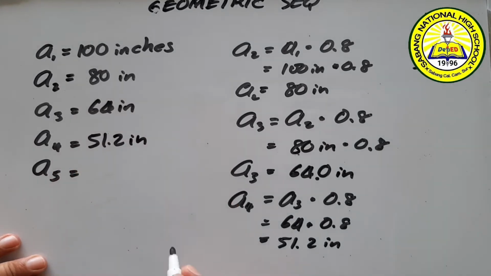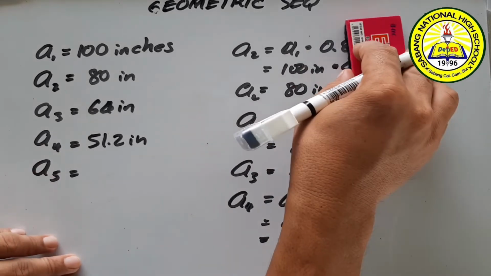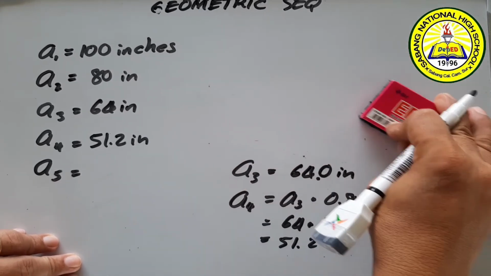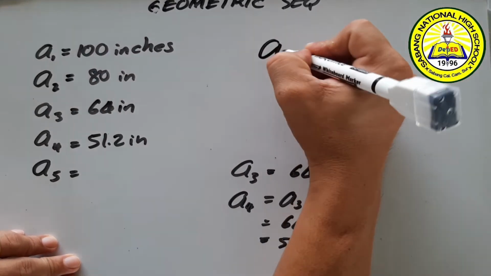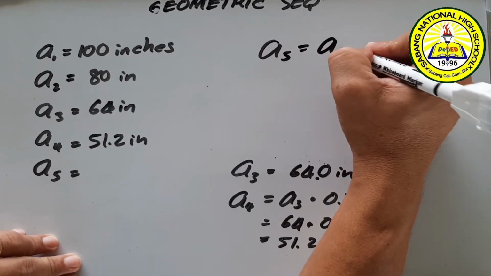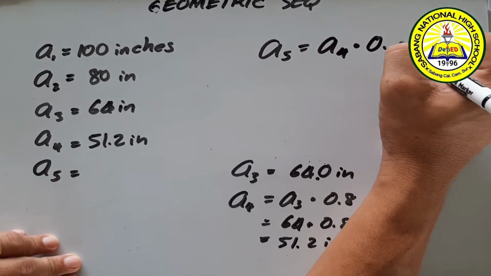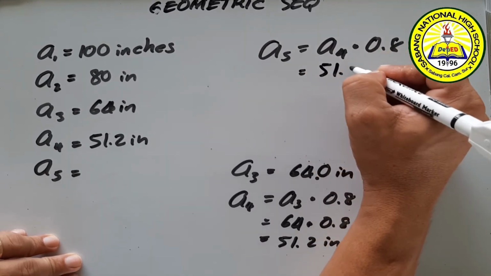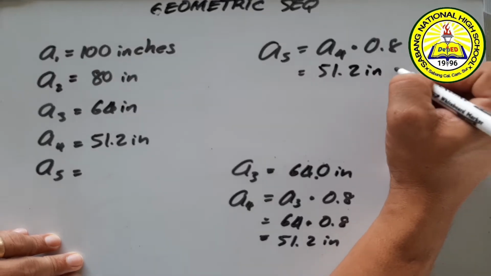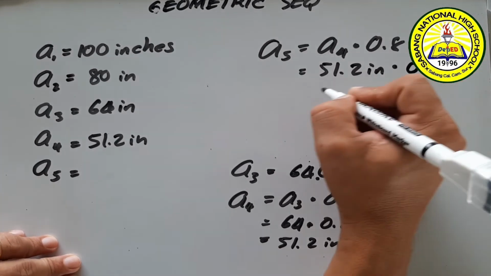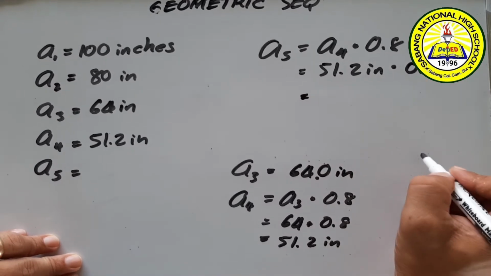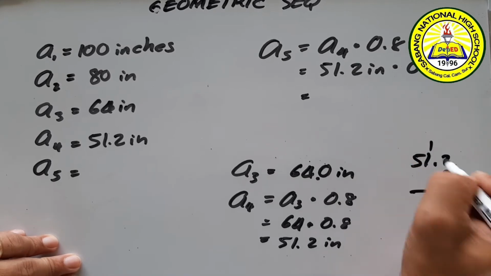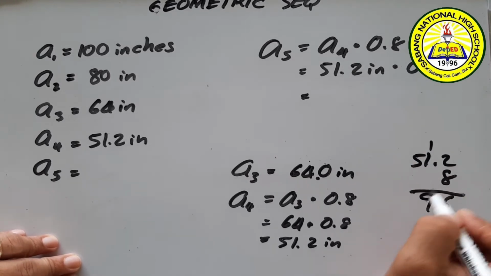And our last, A sub 5, A sub 5 is equal to A sub 4 times again 0.8. Our A sub 4 is 51.2 inches times 0.8. We have 51.2 times 8, 16, carry 1, 8, 9, 40.